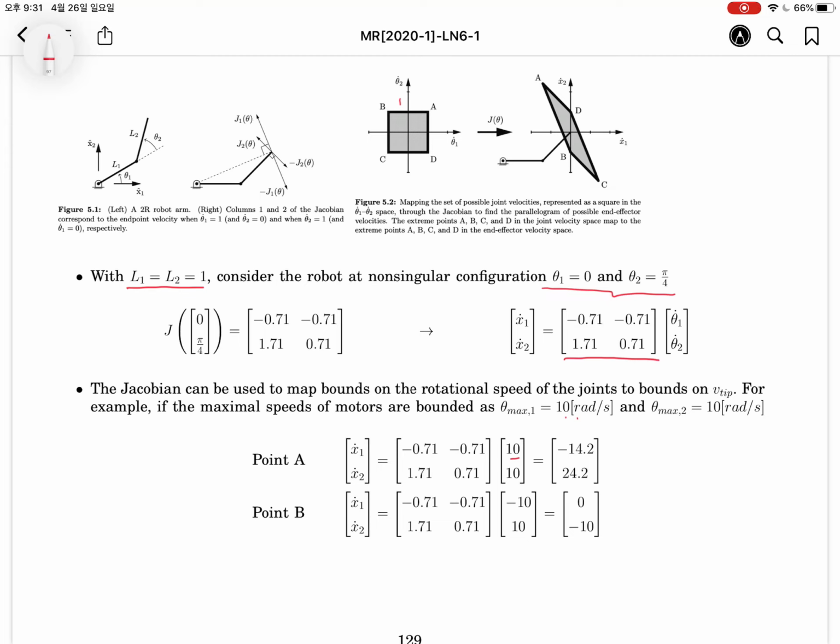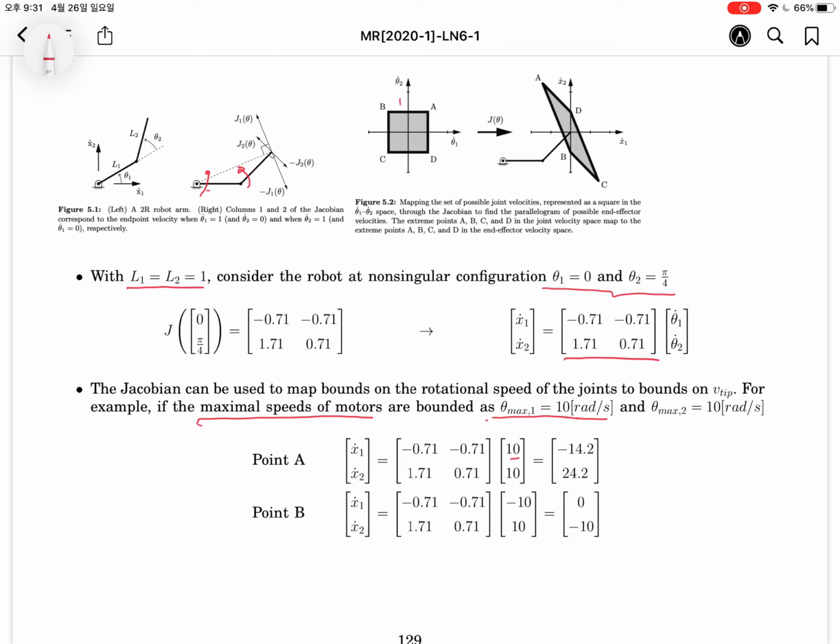Let's assume that the maximal speed of the electric motors attached to theta 1 and theta 2 is bounded at 10 radians per second. That is an assumption, but it is very reasonable, because every motor system makes use of a harmonic gear to reduce the speed.